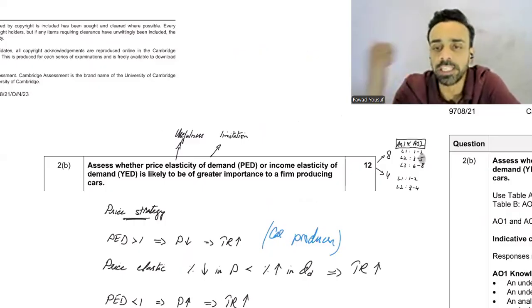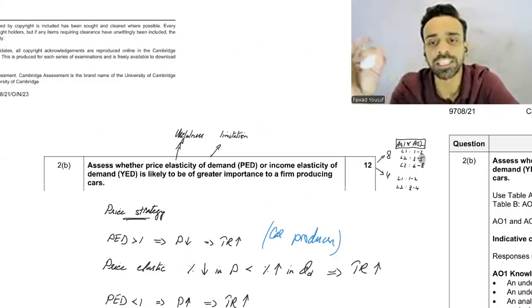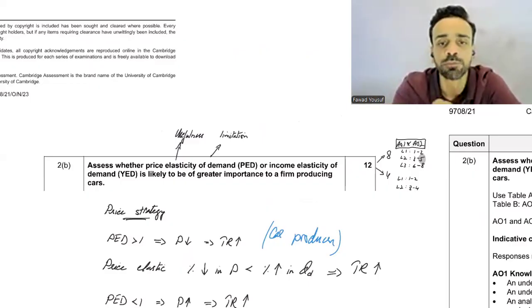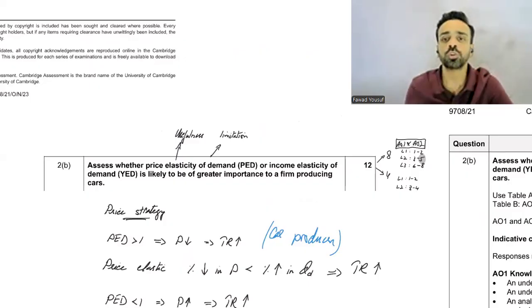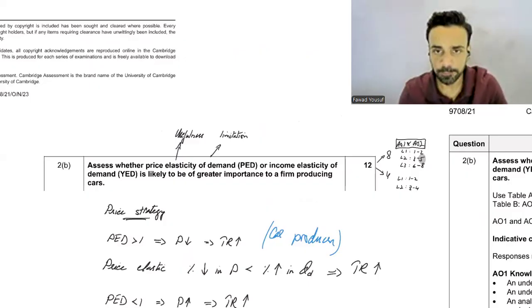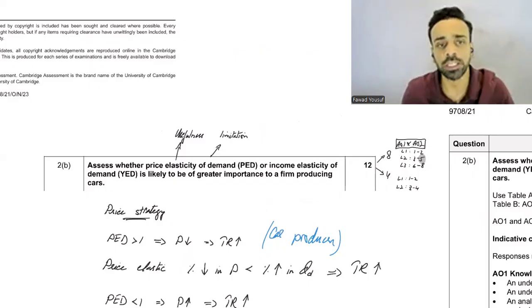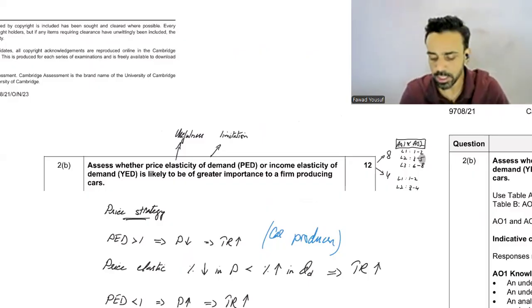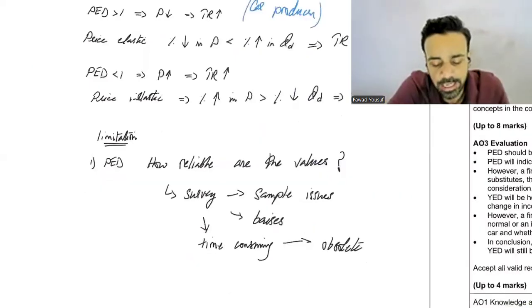Because what you did is explain the usefulness of PED very well to me and state its limitations. So the maximum I can give you is level 2, 5 marks, because you haven't spoken anything about income elasticity. So to qualify for a level 3 you must talk about income elasticity of demand and how it is useful for a business.